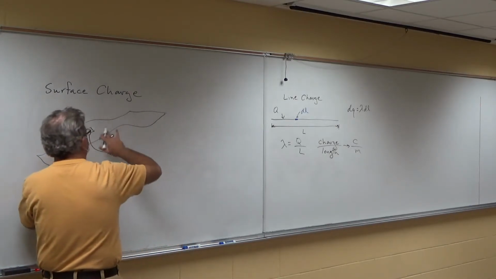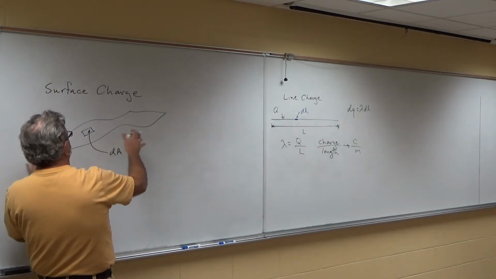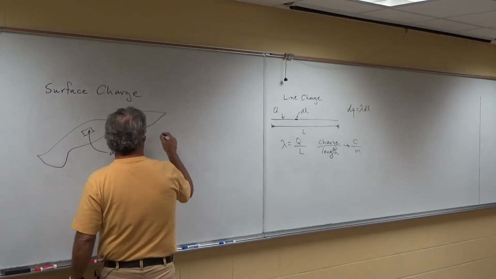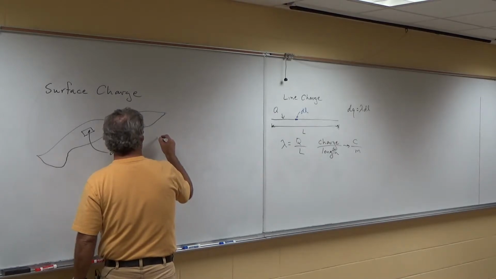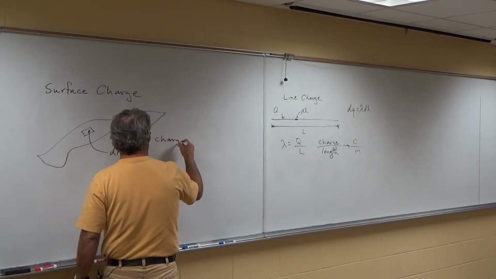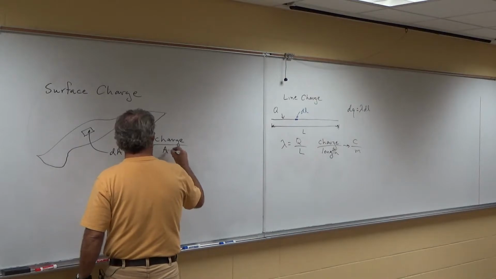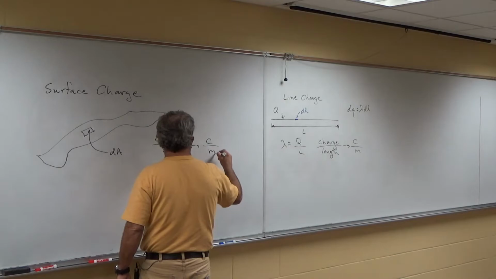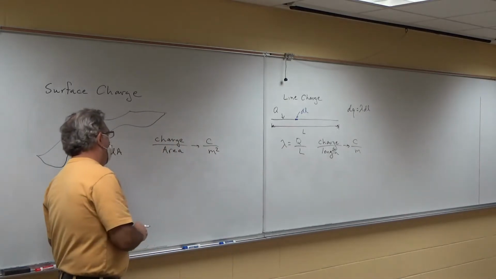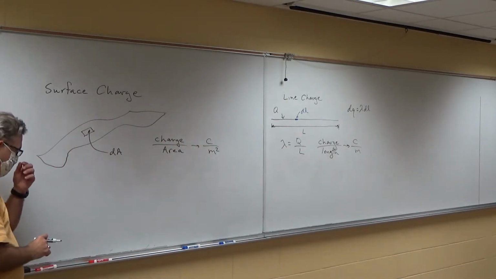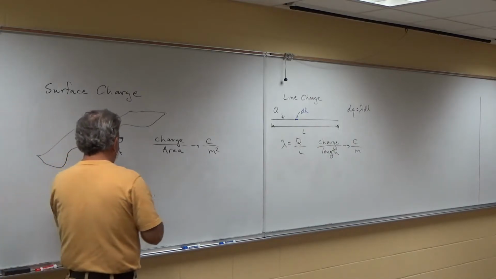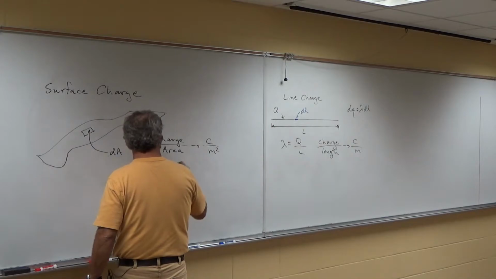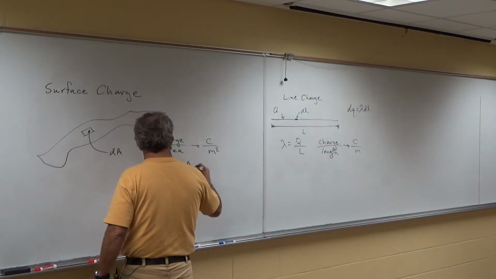If it's uniformly charged, there's some total charge Q divided by the total area, which is charge per area, coulombs per square meter. And dQ is equal to sigma dA.